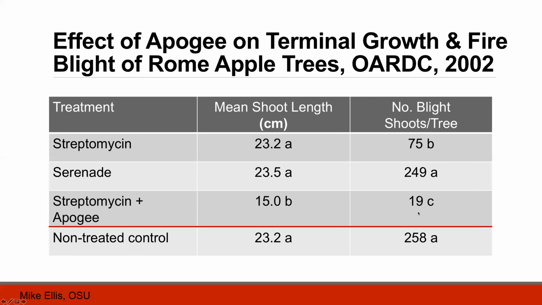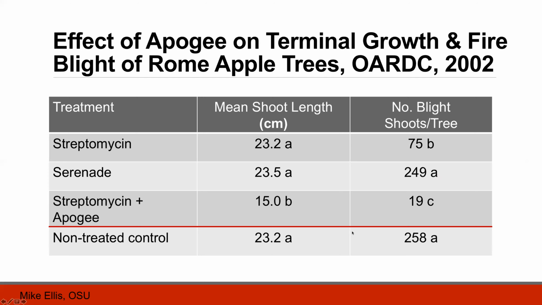So that's what we would expect with an application of Apogee. What was very interesting and really good to see was that the streptomycin plus Apogee also significantly reduced the number of blighted shoots per tree compared to all of the other treatments, as well as the non-treated control. And you can see that that reduction is very significant because this was a high disease pressure year where there was an average of 258 blighted shoots per tree.